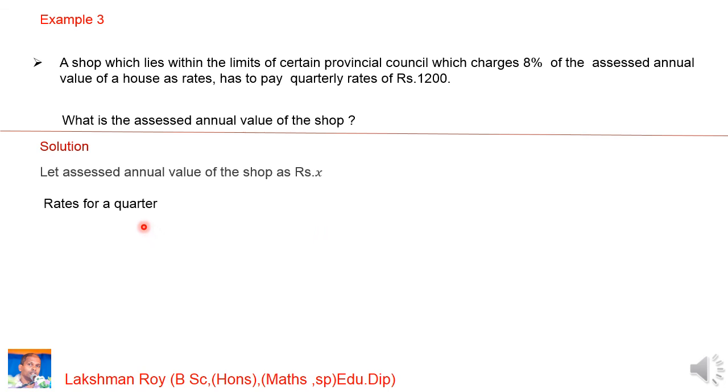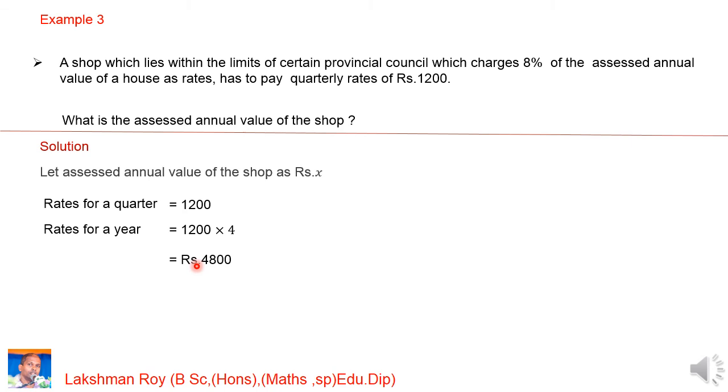Here you have seen they have given the quarterly rate as 1200. Quarter means 3 months, so the rate for a quarter is 1200. Using this I can find the rate for a year. How? This 1200 should be multiplied by 4, because 1 year has 4 quarters. Then I get 4800 rupees. So this is the rate for a year.